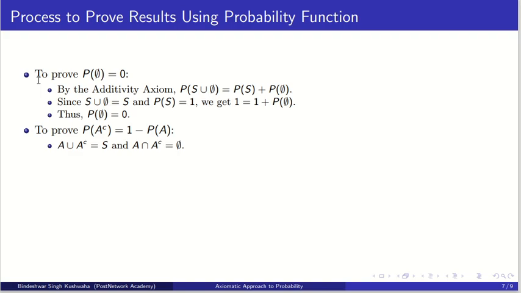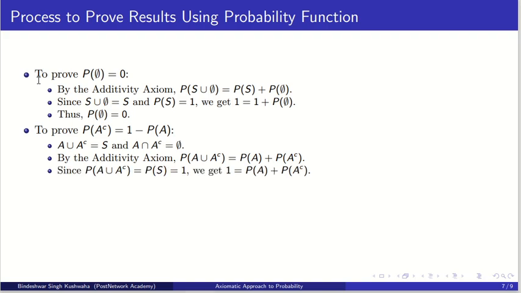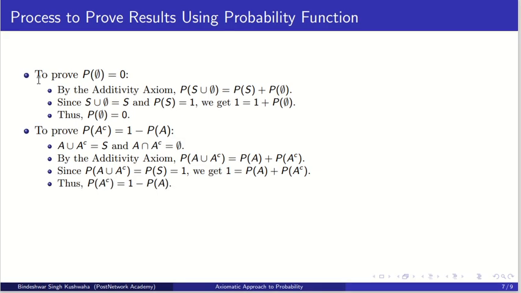These results are from set theory. So by the additivity axiom, P(A union A complement) would be P(A) plus P(A complement), and because P(A union A complement) would be P(S), that is 1, we get 1 is equal to P(A) plus P(A complement), and that means P(A complement) would be equal to 1 minus P(A).